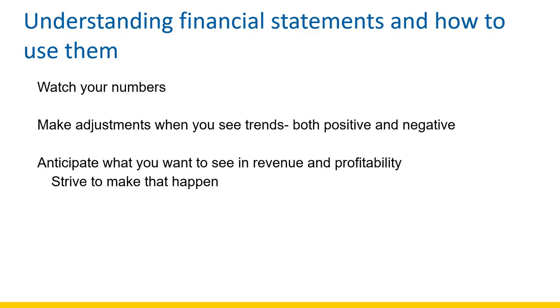If we see a negative trend, we want to try and make adjustments and then anticipate if I want to see revenue and profitability in the future, I can use my financial statements to strive to make that happen. So take some time to make sure you understand your financial statements, your balance sheet, your income statement, and your statement of cash flow, so you can use them to effectively run your business.